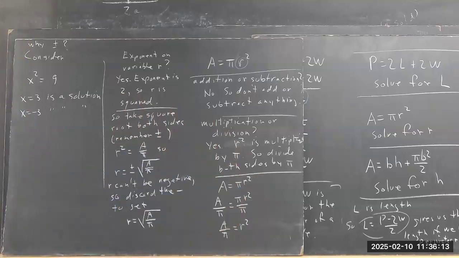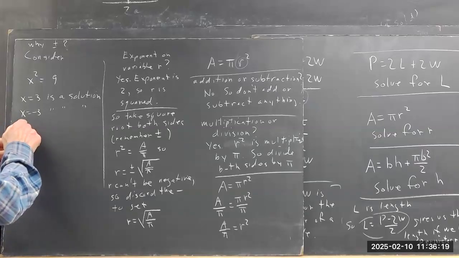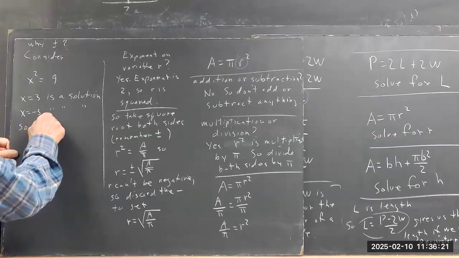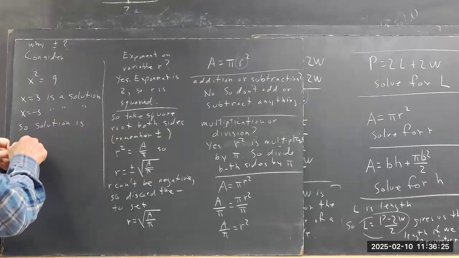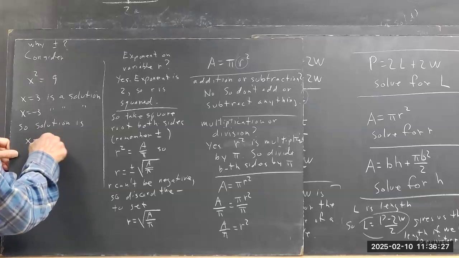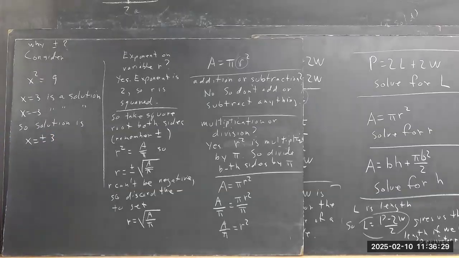The product of two negatives is a positive, or the quotient of two negatives. So the solution is x equals plus or minus 3. Depending on what x represents, both of these might be valid.